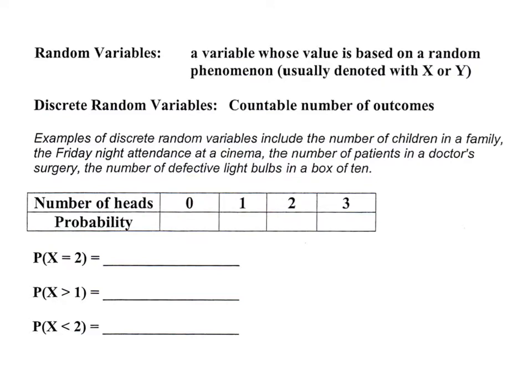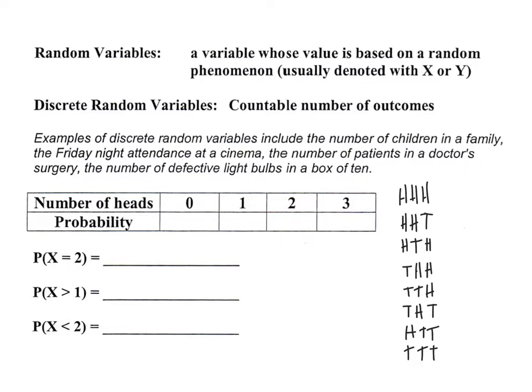I've chosen a very simple example here that I flip a coin 3 times and count the number of heads. So let me begin by just writing over here the possibilities. So there are the 8 possibilities in my sample space.